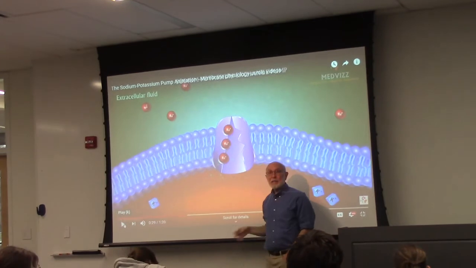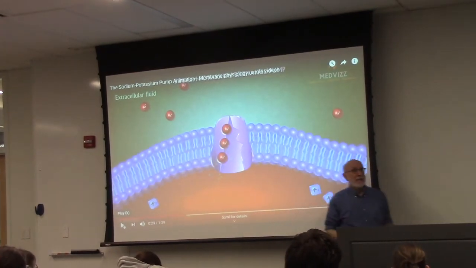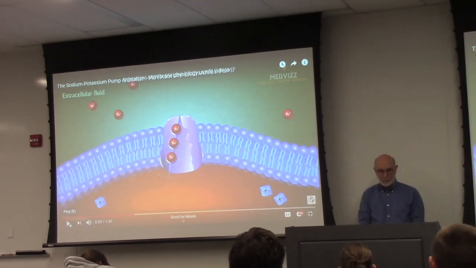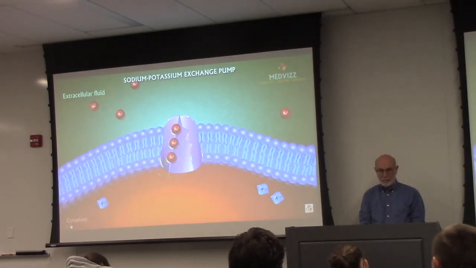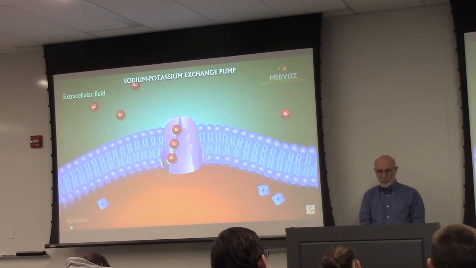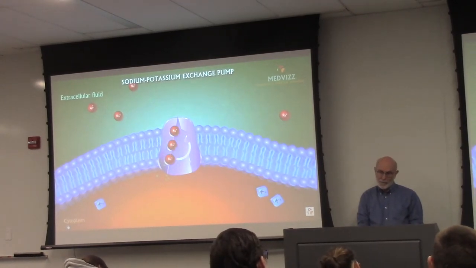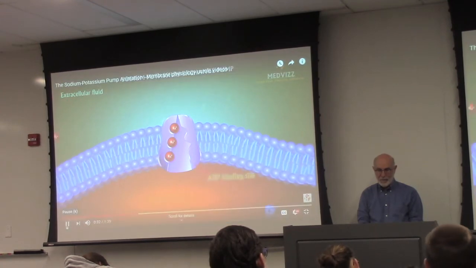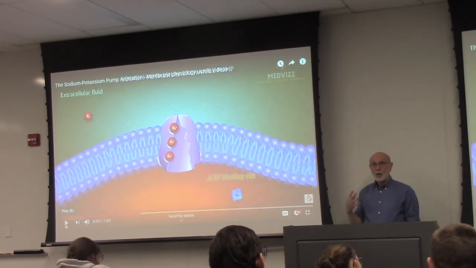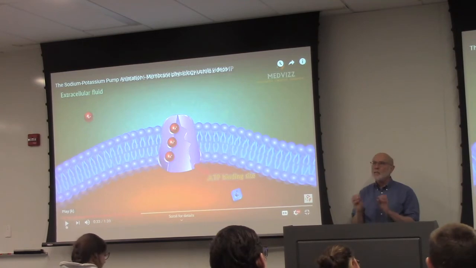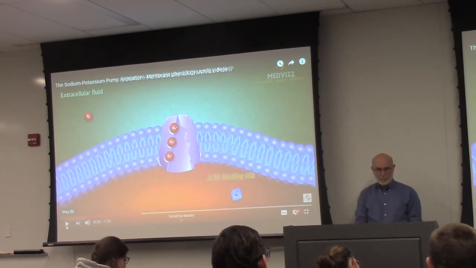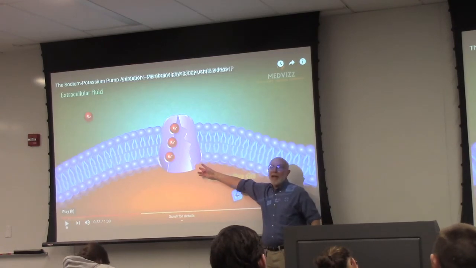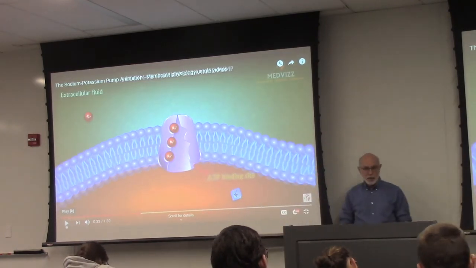3 sodium ions bind to sodium binding sites on the protein, accessing the protein from the inside. Sodium binding initiates a small conformational change, revealing an ATP binding site on the intracellular side.